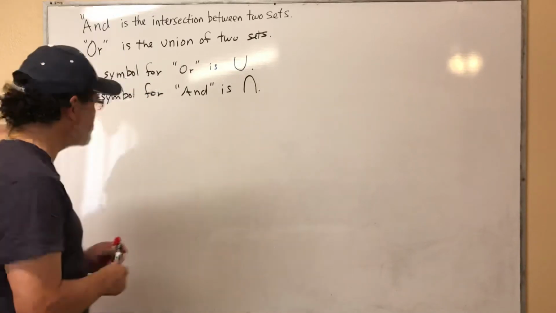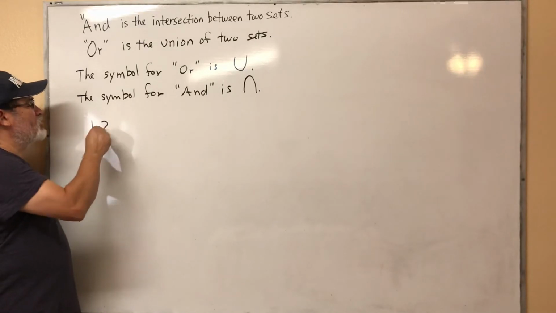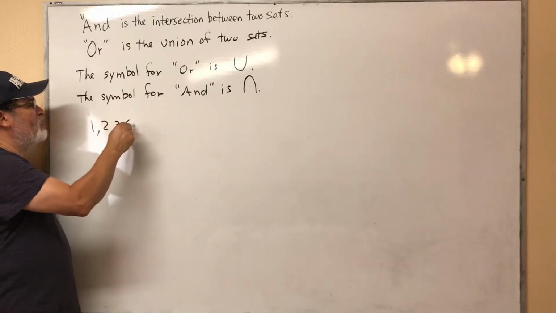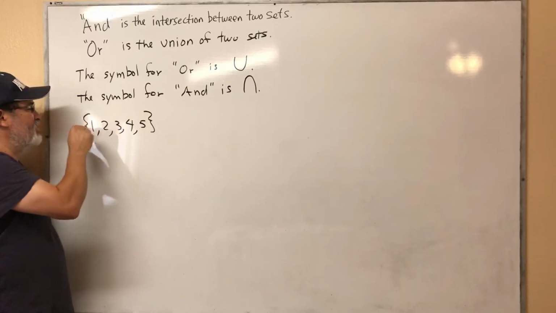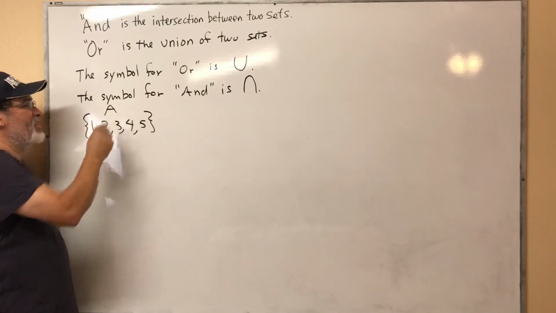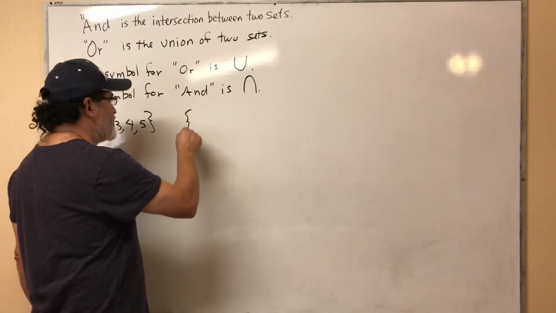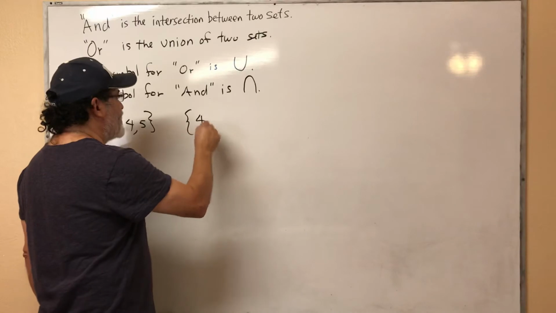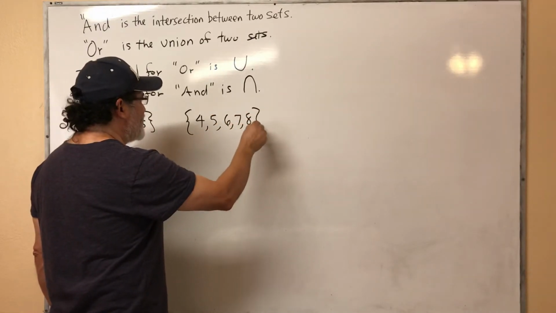For example, here is a set. 1, 2, 3, 4, and 5. And this is set A. Here is set B. 4, 5, 6, 7, and 8. This is set B.